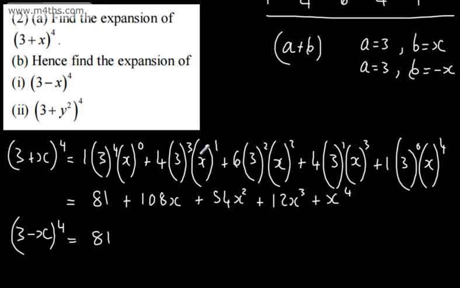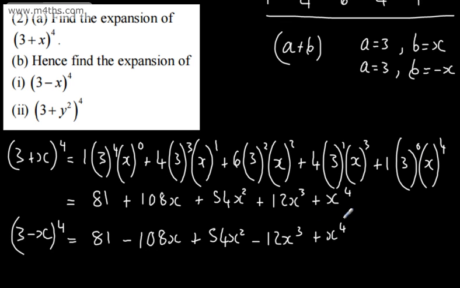Now this time it would be negative x in here, which means that this to the power of 1 would be a minus, so it's minus 108x. So every time I have an odd power with a negative, it's going to give me now a negative answer. If we put the negative x in here, or square it, that'll make it positive, 54x squared. If I put the negative in there, it'll make it negative, and negative cubed is a negative, so it'll be minus 12x cubed. And if I put the negative x in there, that will be plus x to the fourth.